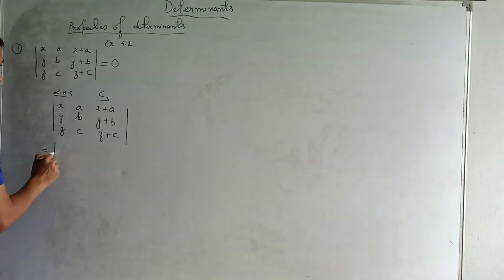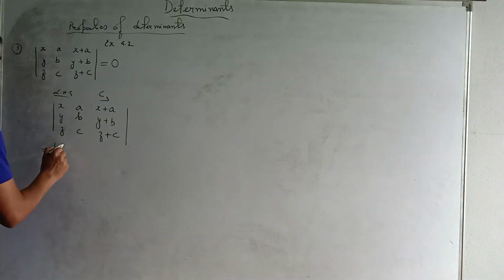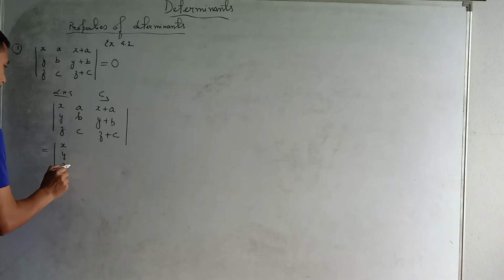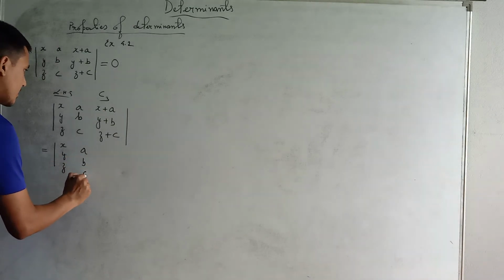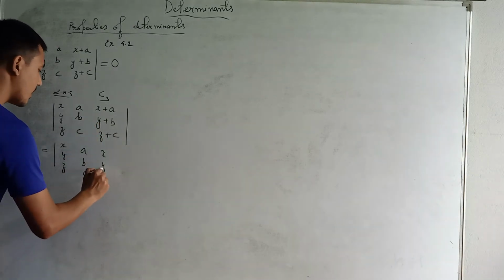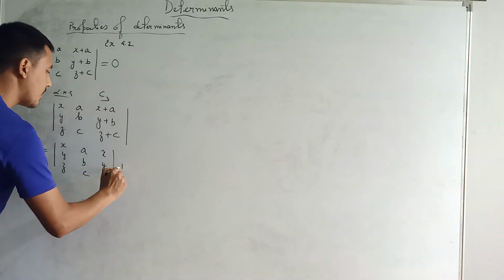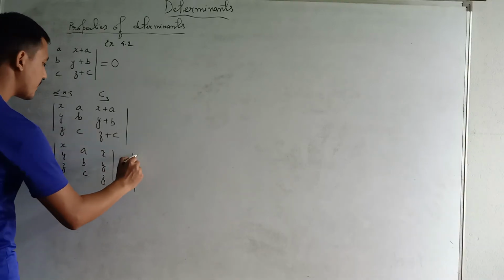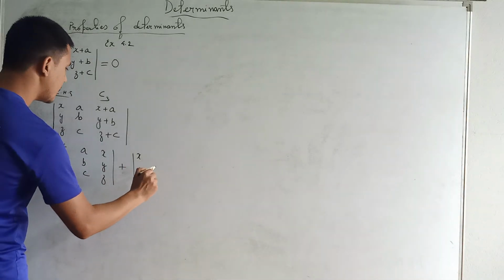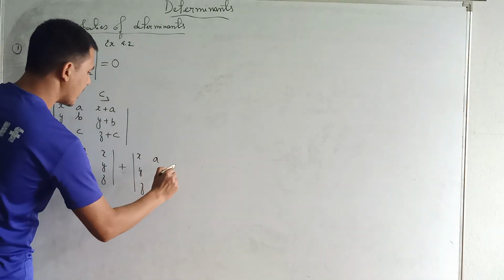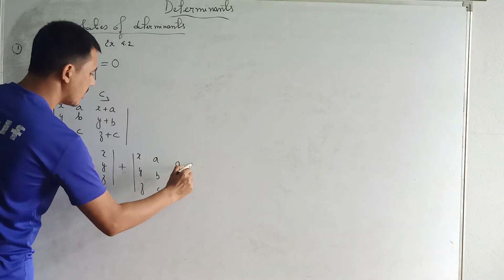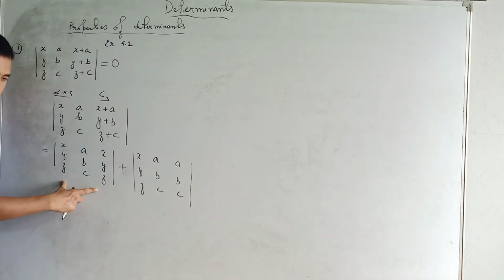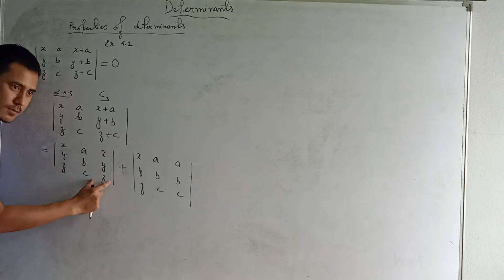Now this is equal to the determinant x, y, z, a, b, c, x, y, z, plus the determinant x, y, z, a, b, c, a, b, c. Now in this determinant, do we have two identical columns?